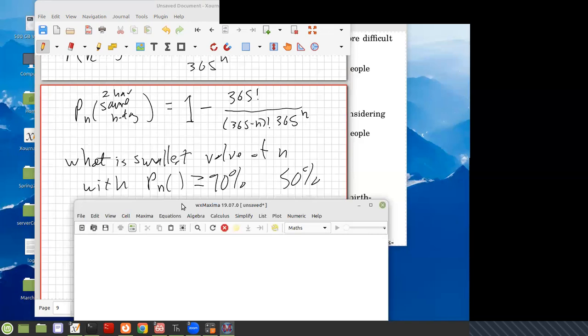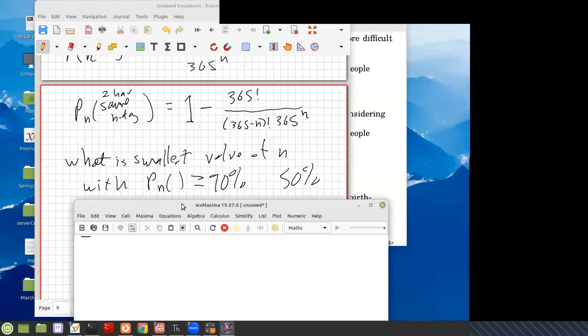Or if it was Martians, with a year of 546 days, out of 30 Martians, what's the probability that at least two of them have the same birthday? So you'd need to be able to put another formula into wxMaxima and use that to calculate the result.